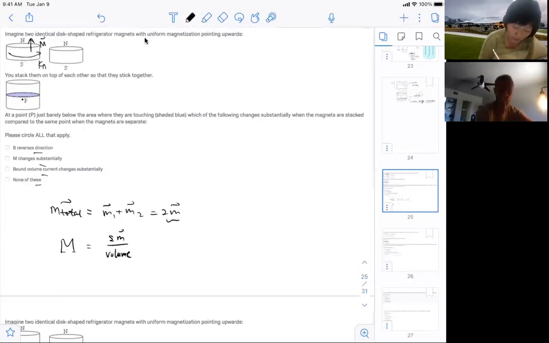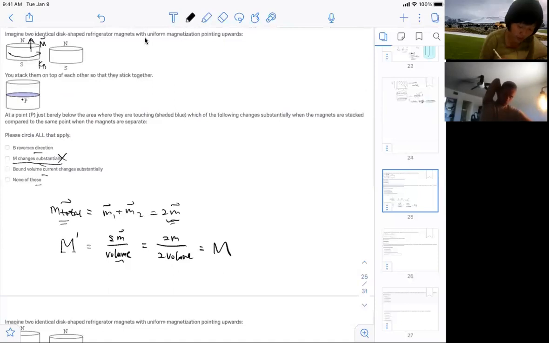The magnetic moment doubles, but the volume also doubles when you put two together. So this becomes 2m over 2 of the volume, which is still M as before. So M doesn't change, okay? Does M change substantially? No, it does not change. So M remains the same, dipole moment doubles.